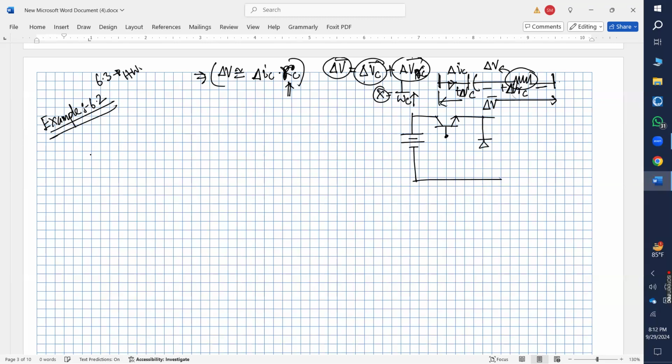I have an ideal diode here, then I have inductance L, then a capacitor, and then the load. Suppose this is my plus minus V naught, and this value is given as 18 volt. And the resistance value given here is 10 ohm.